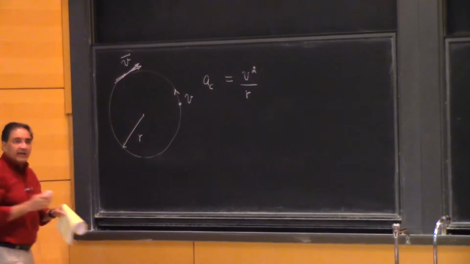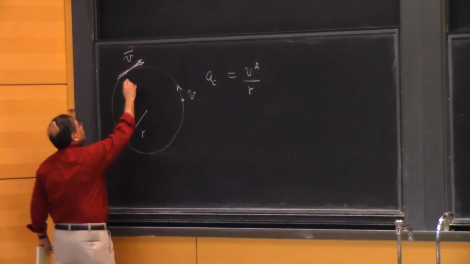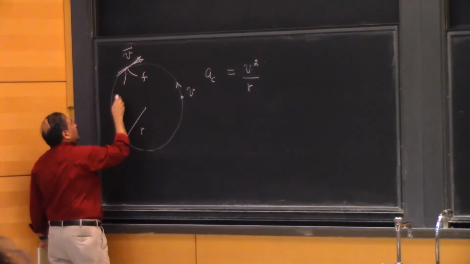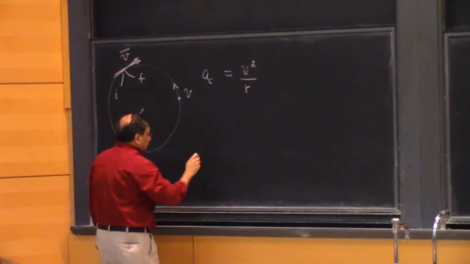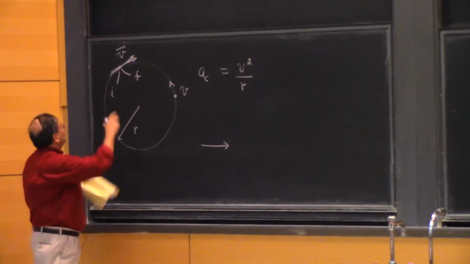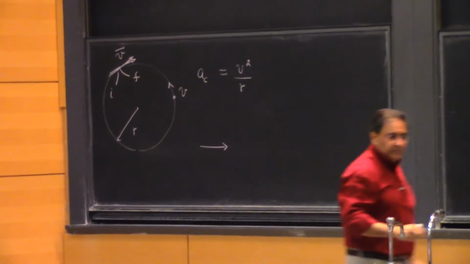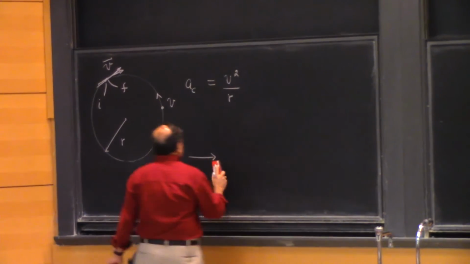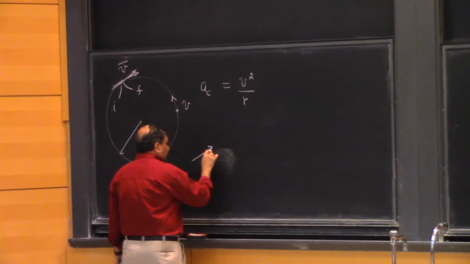So if I now want to take the difference between the final velocity, which would be the velocity at this point, let's call it point F, final, and the velocity at the initial point, then you can immediately see that the final velocity, I've just taken this vector and put it here. Let me draw it better. So let's say this is the final velocity.